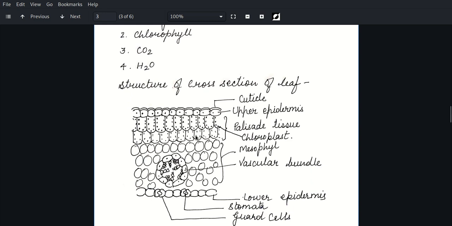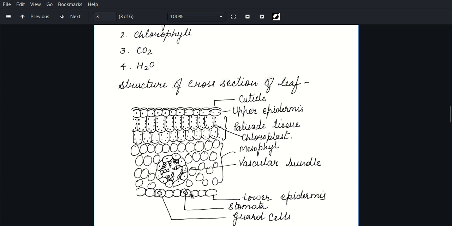Underside of palisade tissue there are spherical cells, and these are parenchymatous cells. These cells have intracellular spaces. At the center there is vascular bundle which contain xylem and phloem, responsible for conduction of food and water. Now this layer is lower epidermis.